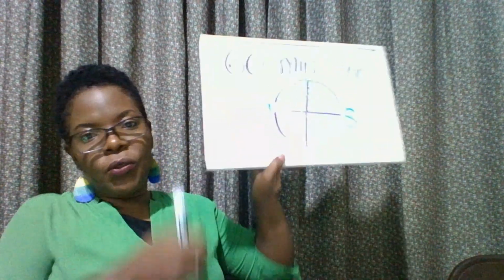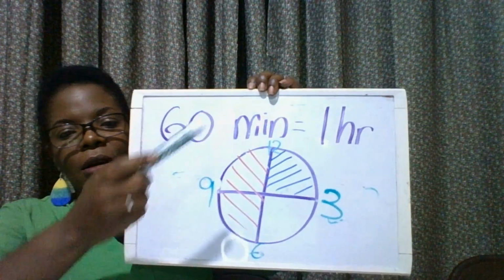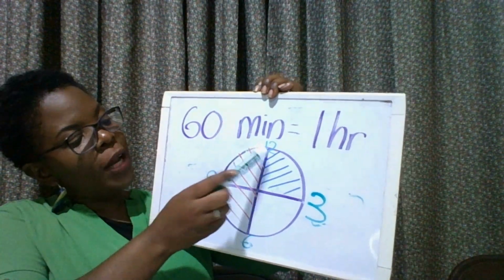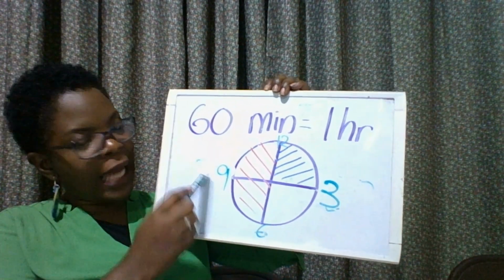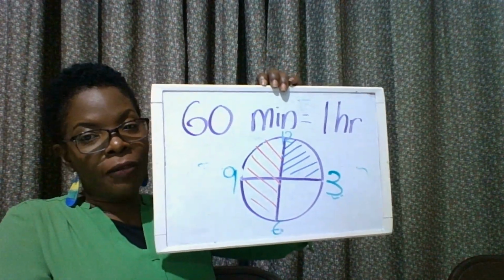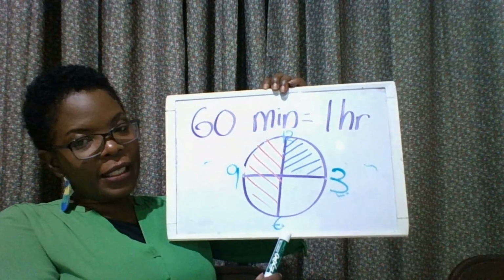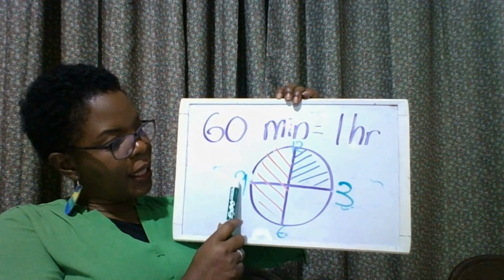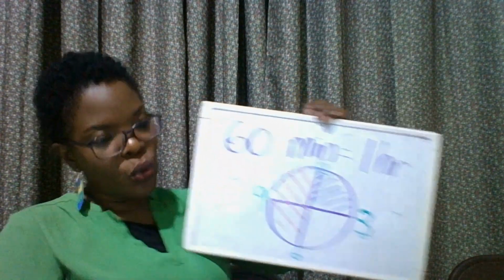Those are the four numbers to remember: the 12 o'clock, the 3, 15 minutes, the 6, 30 minutes, and the 9, 45 minutes after. 3, 15 minutes past, 6, 30 minutes past, and the 9, 45 minutes past, or 15 minutes to the next hour.